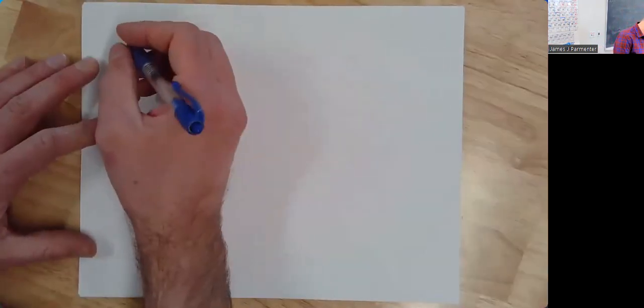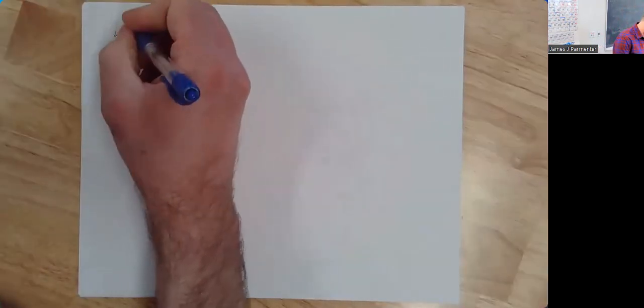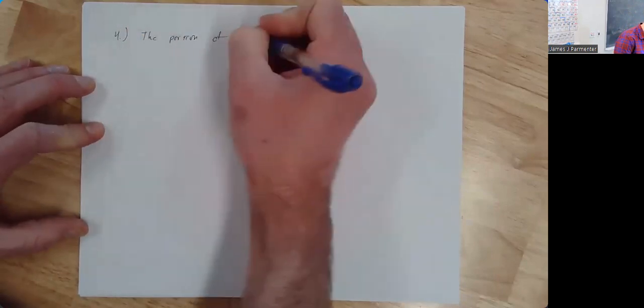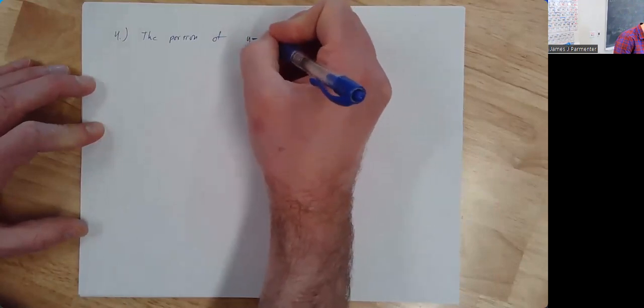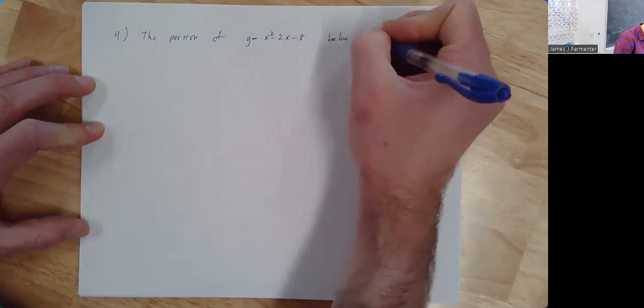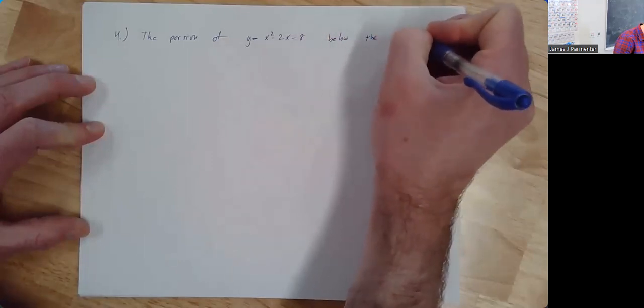Let's say we want the portion of the parabola y equal to x squared minus 2x minus 8 below the x-axis.